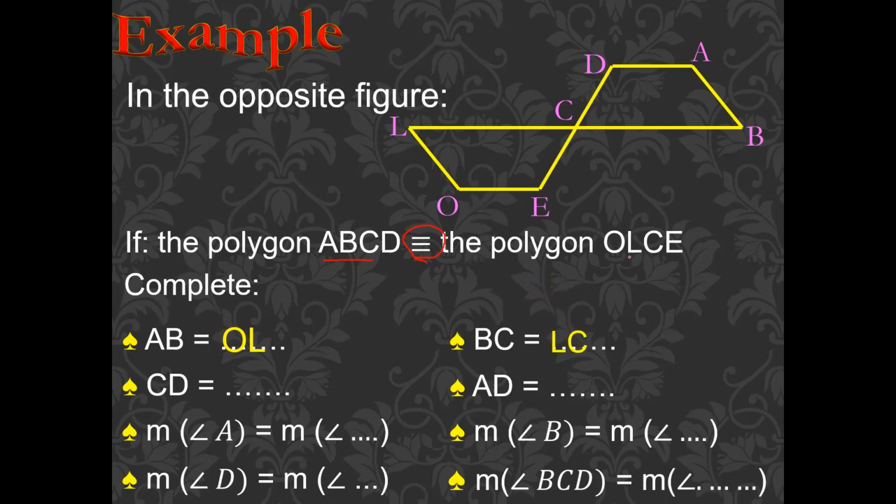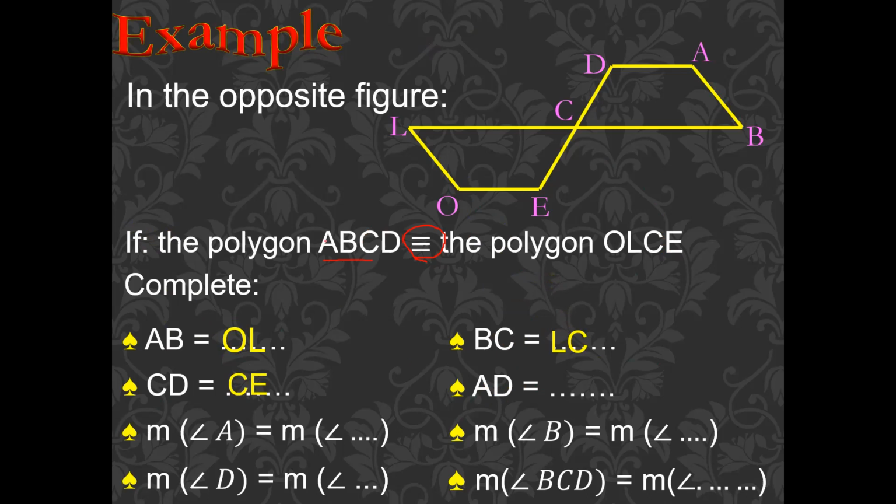Next one, CD equals what? CD, third letter and fourth letter. We will take in the second polygon the third letter and fourth letter, CE. So CD equals CE in length. The two polygons are congruent, so the lengths of the corresponding sides are equal.